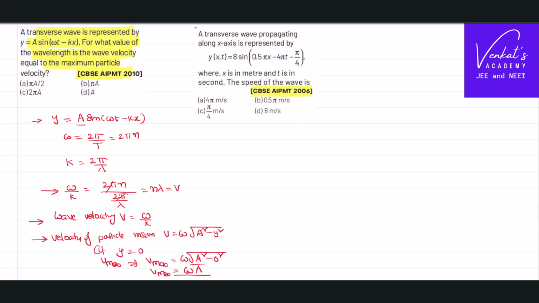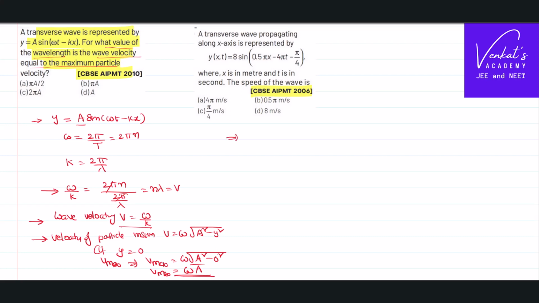So what the problem is saying is: for what value of wavelength lambda is the wave velocity equal to the maximum particle velocity? I know the equation for wave velocity, and I know the equation for maximum particle velocity. Let's equate them.